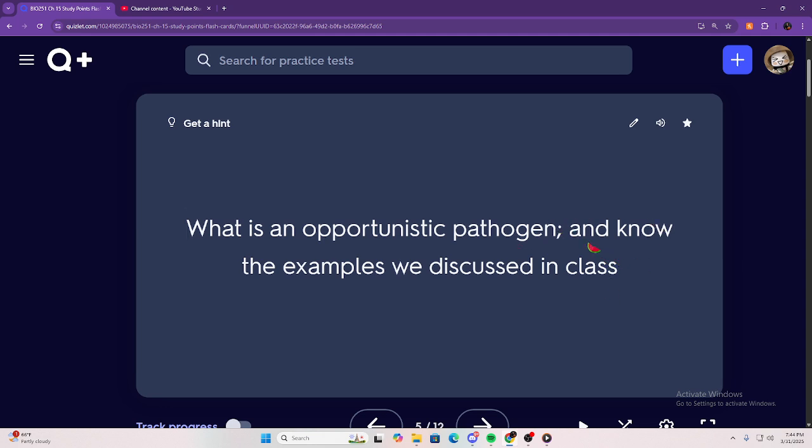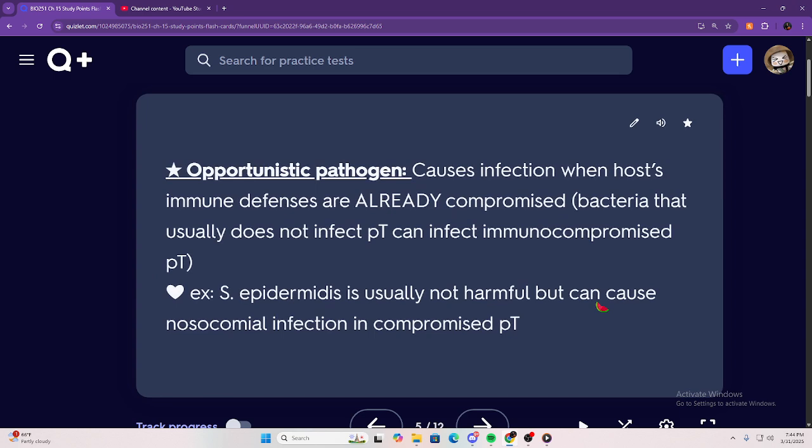What is an opportunistic pathogen? And note examples we discussed in class. An opportunistic pathogen is basically a pathogen that is already in the host's body, and it causes an infection if the host becomes compromised. So for example, this human got a sickness, right?